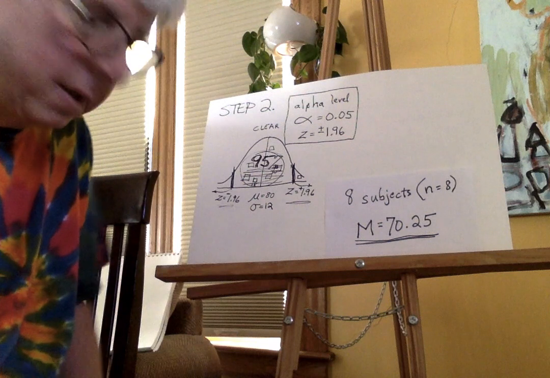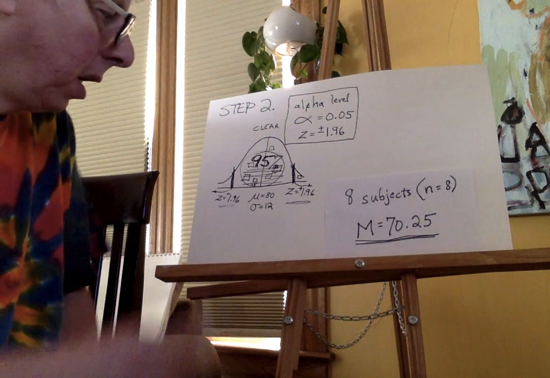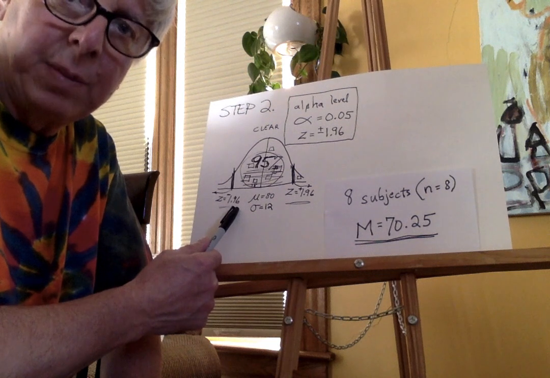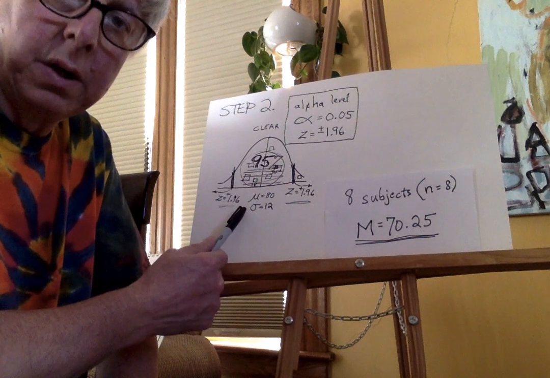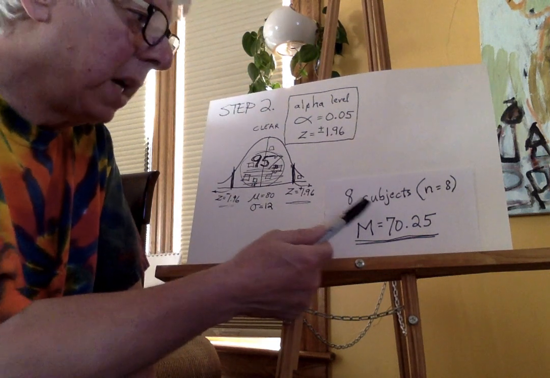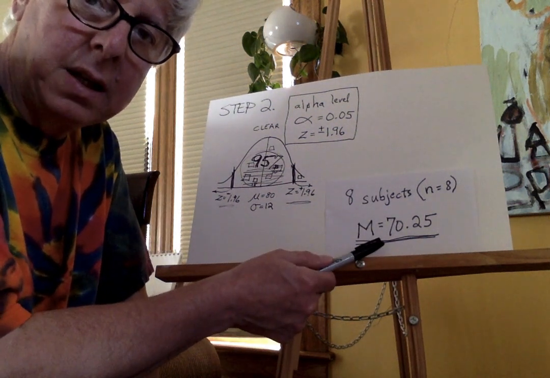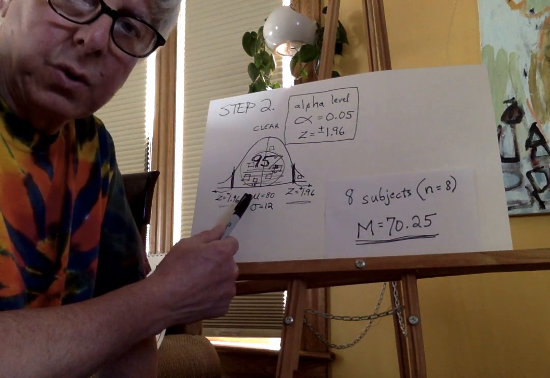Aha, but here's the issue. We have the information from individual people tasting clear solution, but I'm not going to compare my sample of 8, this mean, to individual scores.